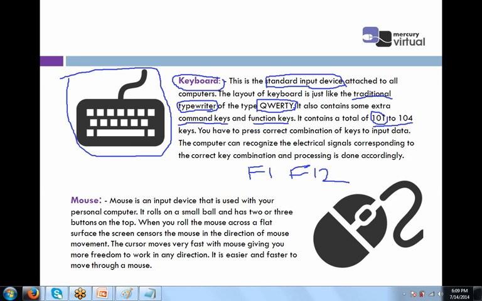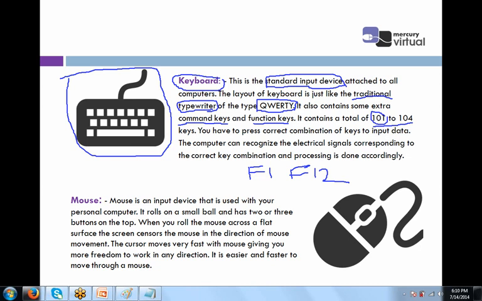Right. And you have to press the correct combination of keys to input data. Like if I want to give the characters in capital letters, then I have to press shift plus the character, that gives the capital letter. So this line says you have to press the correct combination of keys.